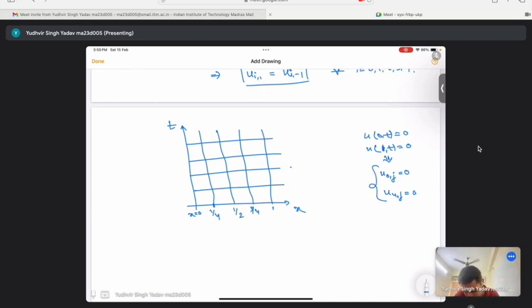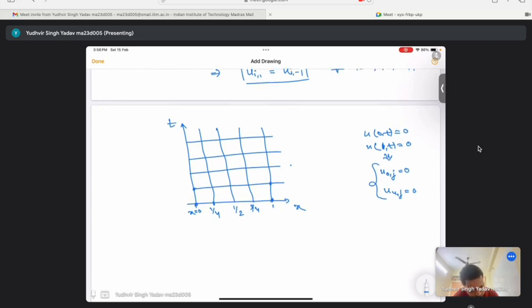So from this, we can simply obtain the values on these points. These points are just the boundary points, so at these points u is always going to be 0 from the boundary condition.